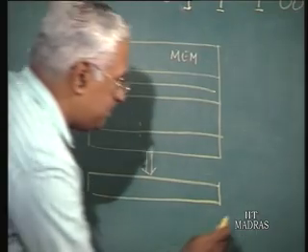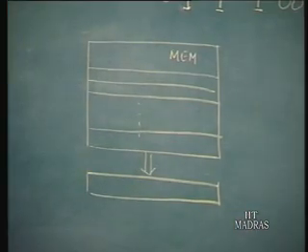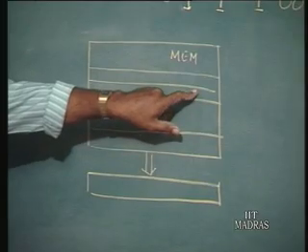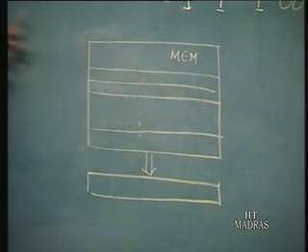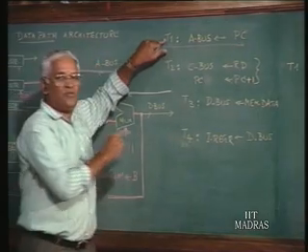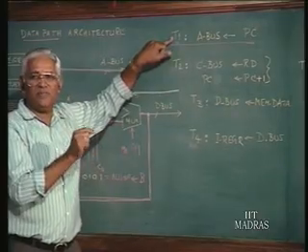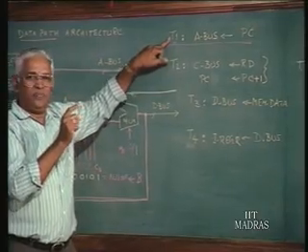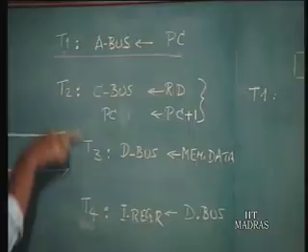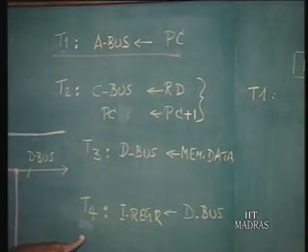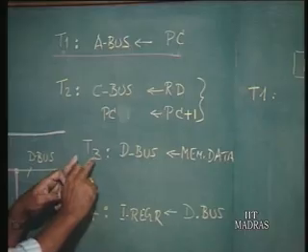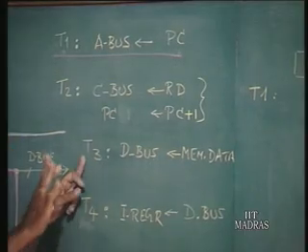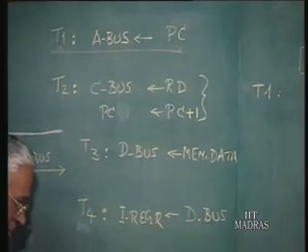remember what I was calling each one of these as one small step, right? Each one of these is one small step, a micro step, because an instruction is executed using these micro steps. And so each of these is also called a micro instruction.